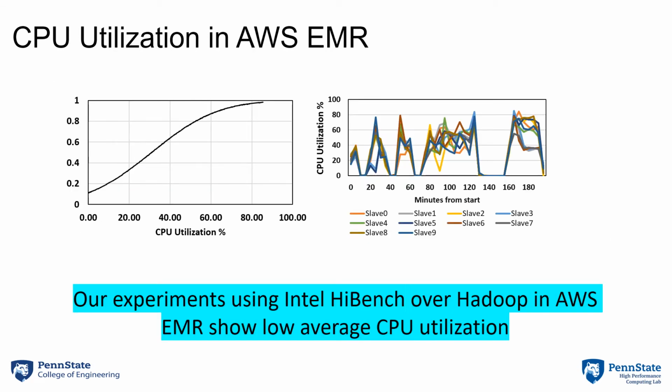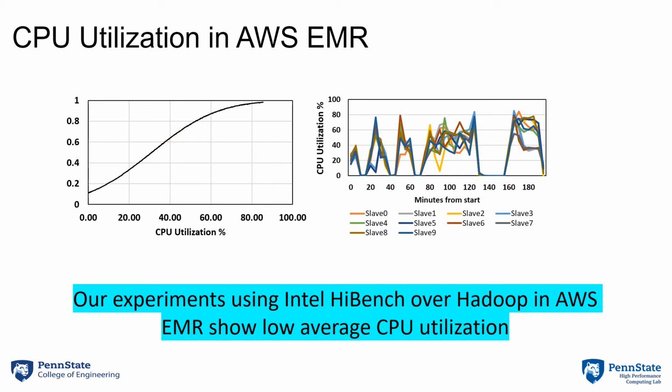We did our own analysis of MapReduce workload CPU utilization on Amazon Elastic MapReduce. We used Intel HiBench with PageRank, K-means, and SQL aggregation as our workloads. What we see here is that CPU utilization fluctuates, and as you can see from the left-hand side CDF, the CPU utilization remains below 40% for the maximum amount of time.